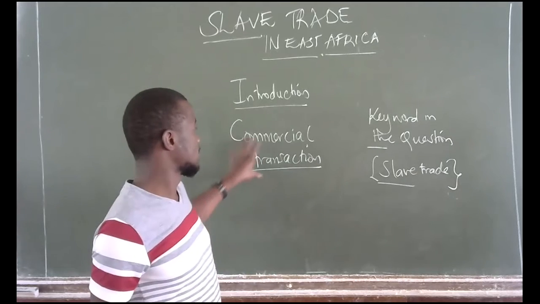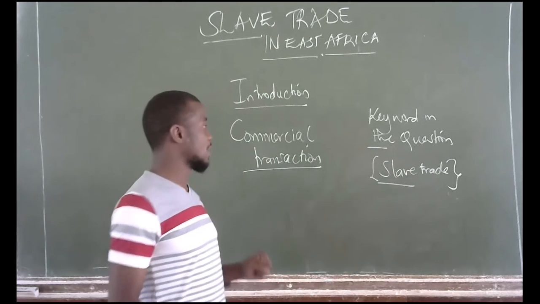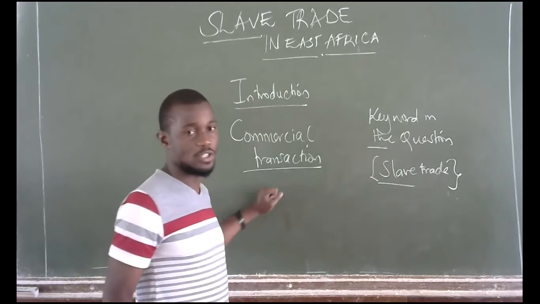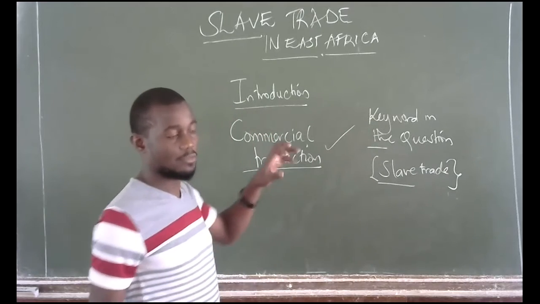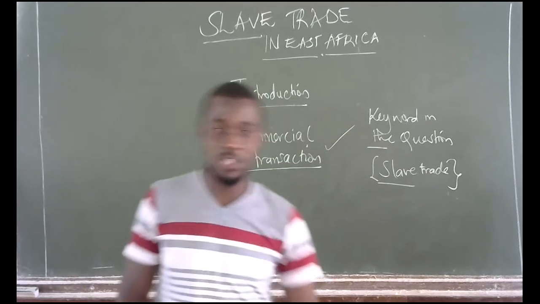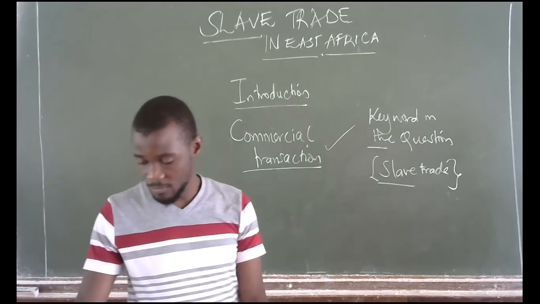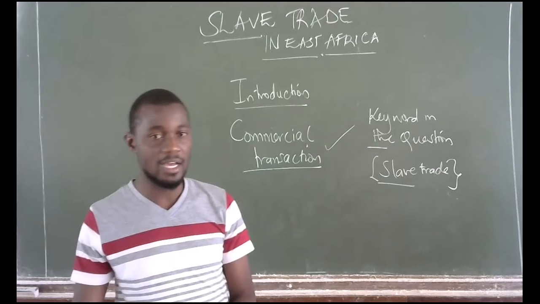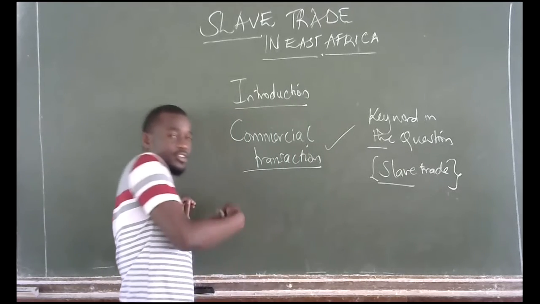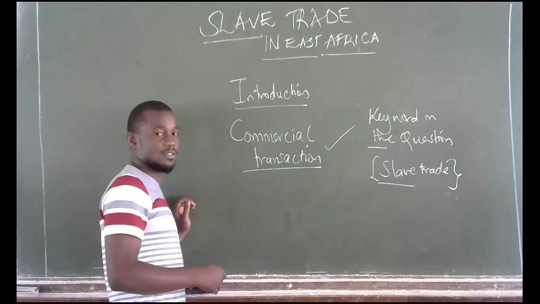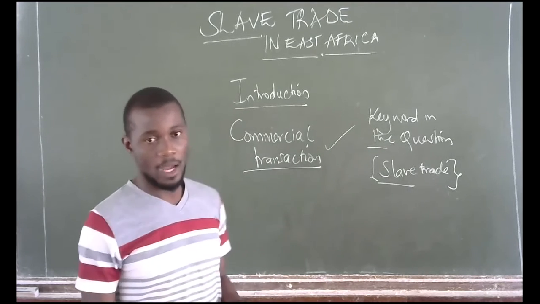The moment these two words are in your paragraph, it implies that you know what you are writing about. So we'll give you a mark because you have told us that slave trade was the commercial transaction of slaves or human beings from one area to another, or the buying and selling of human beings from the coastal chiefs, probably to the outside world when they reached the coast of East Africa.